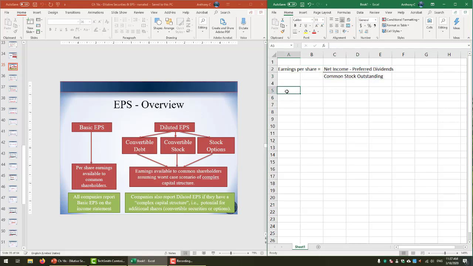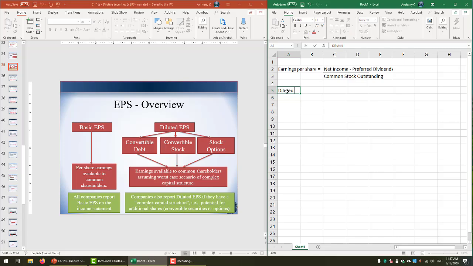When a company has any convertible securities, as we learned about in the first half of this chapter, like convertible debt, convertible stock, or stock options, in that case, they have what is known as a complex capital structure. If a company has a complex capital structure, then they have to report what's known as diluted EPS.